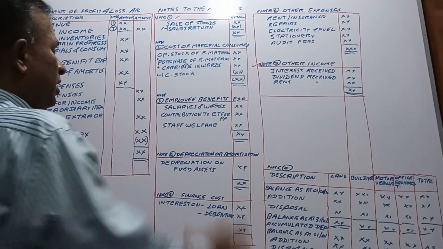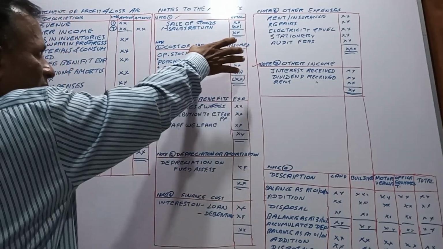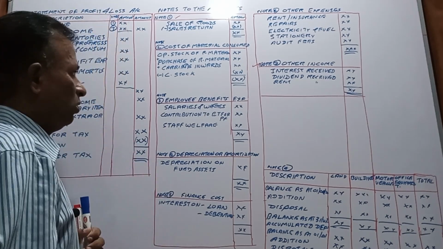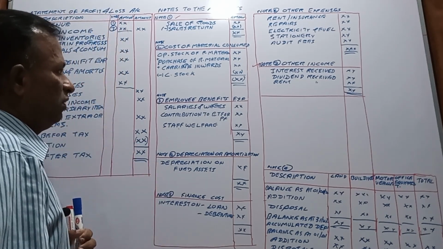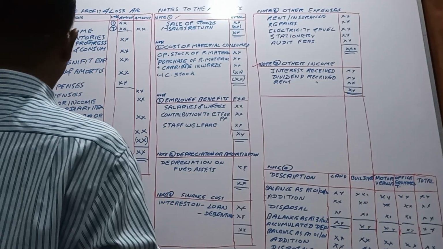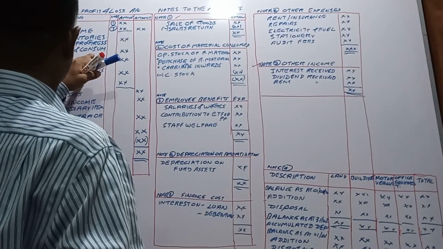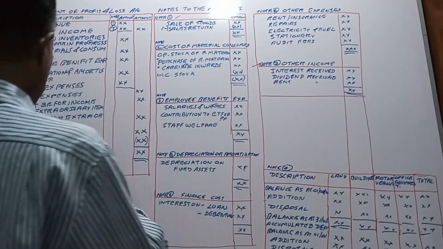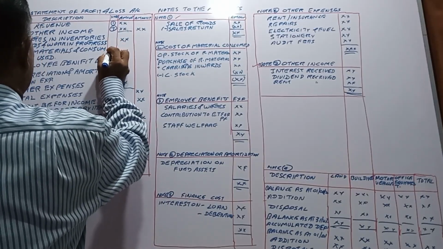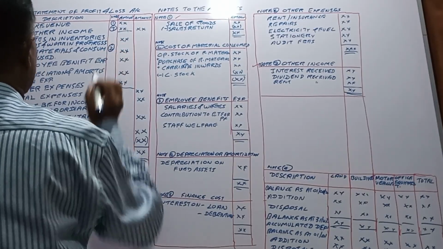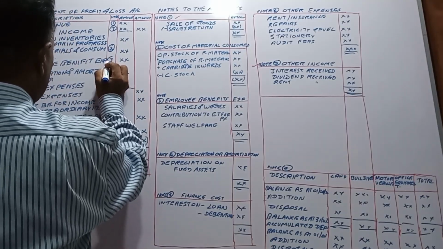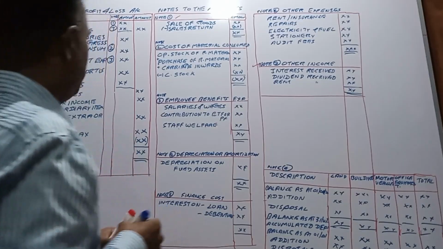So the raw material name changes; other than that there is no difference here. Number two is raw material consumed, and employee benefits is number three.